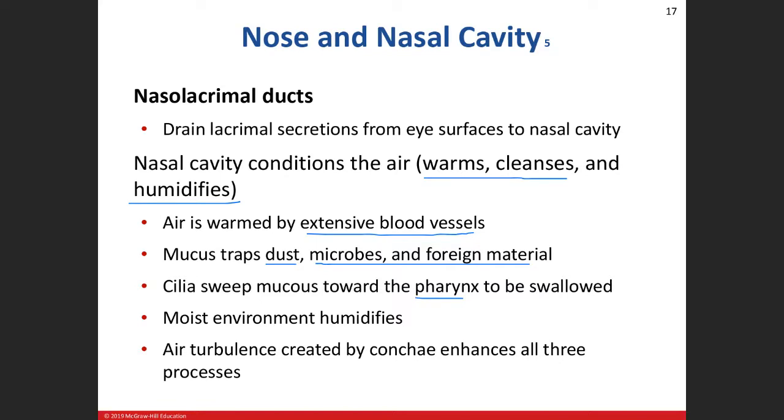Now, the book likes to say it gets swallowed, but to be honest with you, not everybody swallows this material. Sometimes they spit it out. But the point being is a lot of that material will be expelled out of that nasal cavity there.